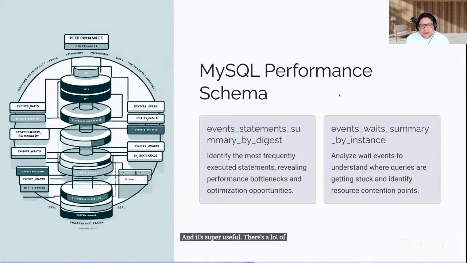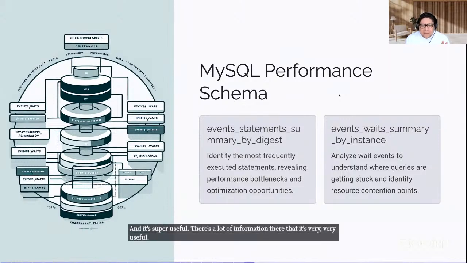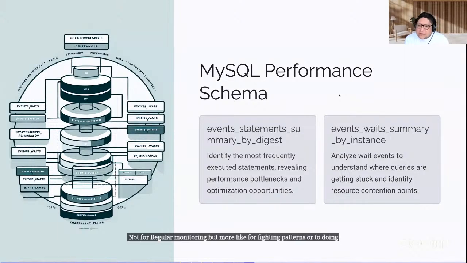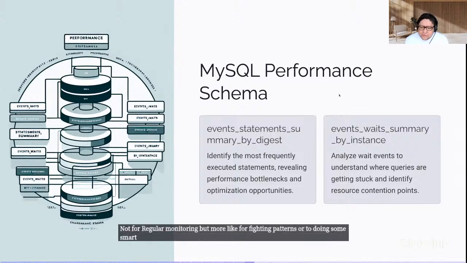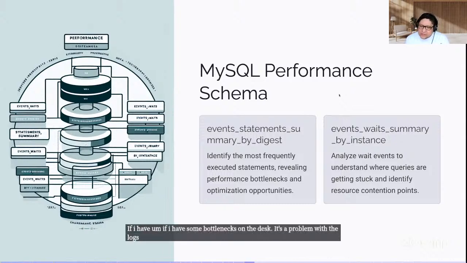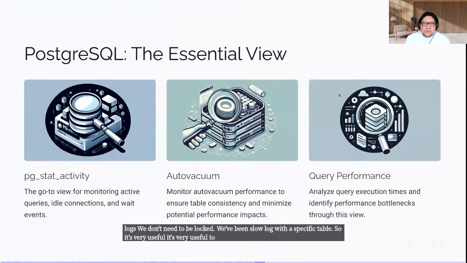Not for regular monitoring, but more for finding patterns, doing some postmortem, or figuring out if I have some bottlenecks on the disk. Is it a problem with the logs, with the InnoDB log, with the slow log, with a specific table? So it's very useful to use that.